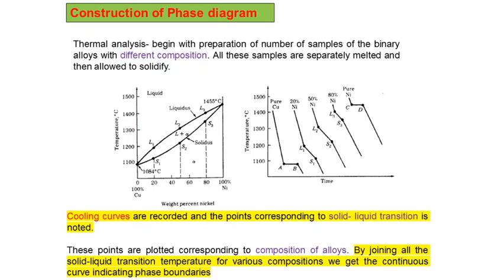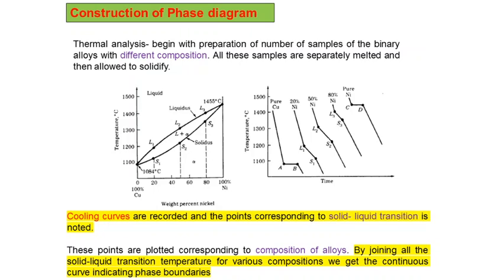So first we will do the melting and solidification of copper, then of nickel, then the different alloys. And what we obtain when we do this process is the cooling curve. Like initially, what is the actual melting point of that material, then when we draw the cooling curve upon cooling, what actually happens to that particular phase.